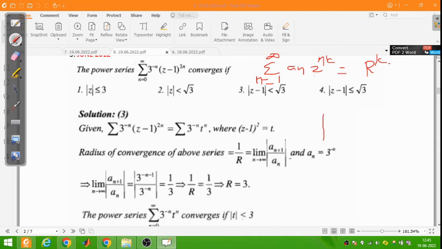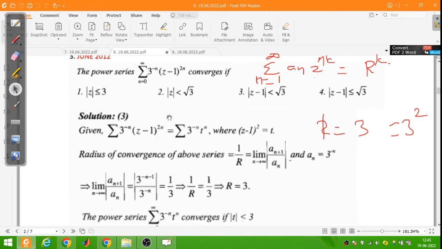R equal to 3. So r power k is 3 squared. Not 3 squared, n squared 2 power k.